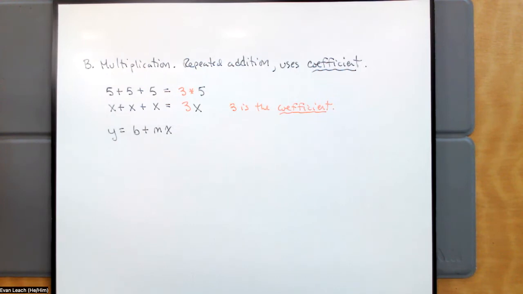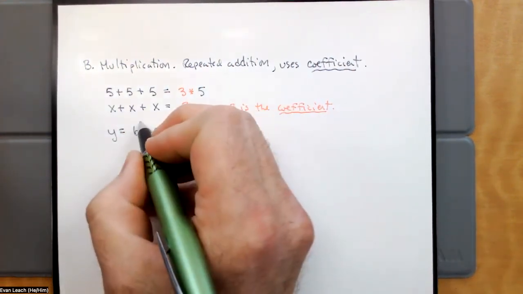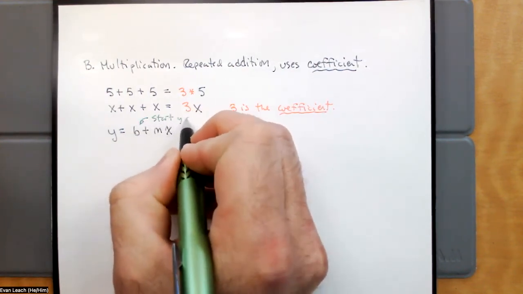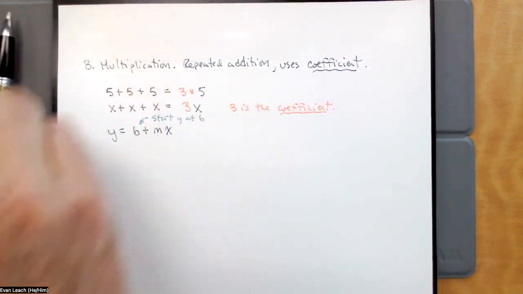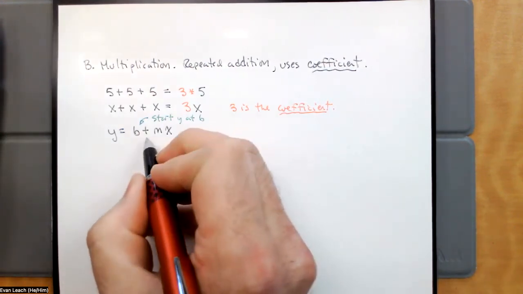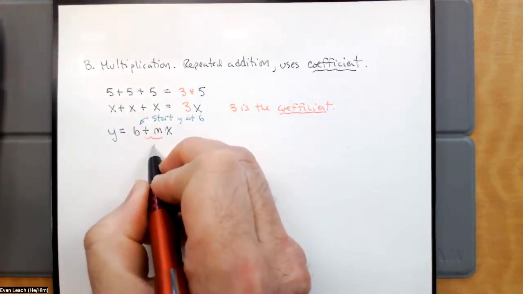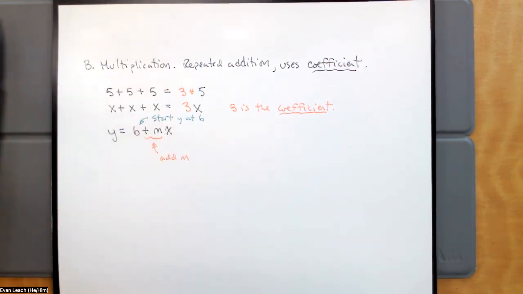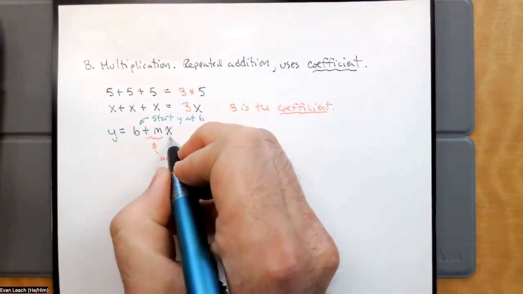Here's a case of multiplication being used to represent repeated addition. We know that a linear function has a pattern of repeated addition. This says start y at b and add m a bunch of times. Start at b. Add m a bunch of times.